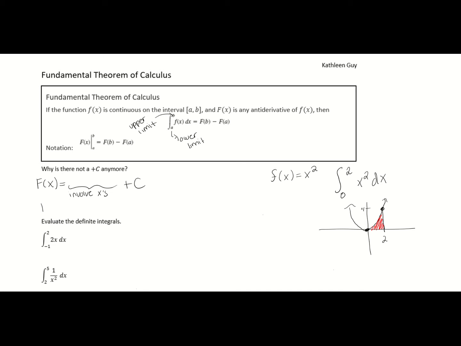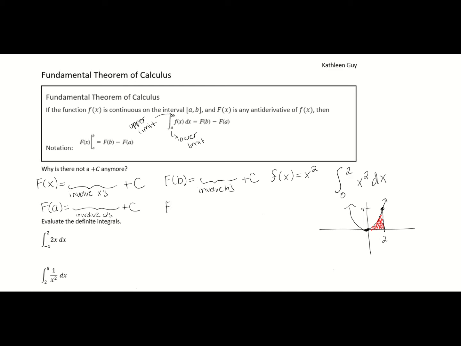When you plug in a, all of these x's would turn into a, so you would have the part involving the a's plus c. And when you do F of b, the b's would replace the x's, so this would involve the b's, and then you would still have plus c.